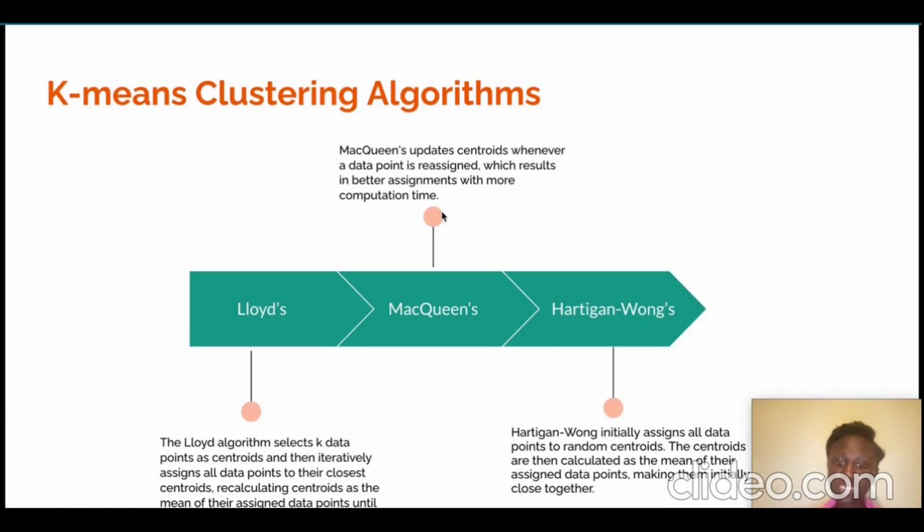And last but not least, Hartigan-Wong initially assigns all the data points to a random centroid. The centroids are then calculated as the mean of their assigned data points, making them initially close together.